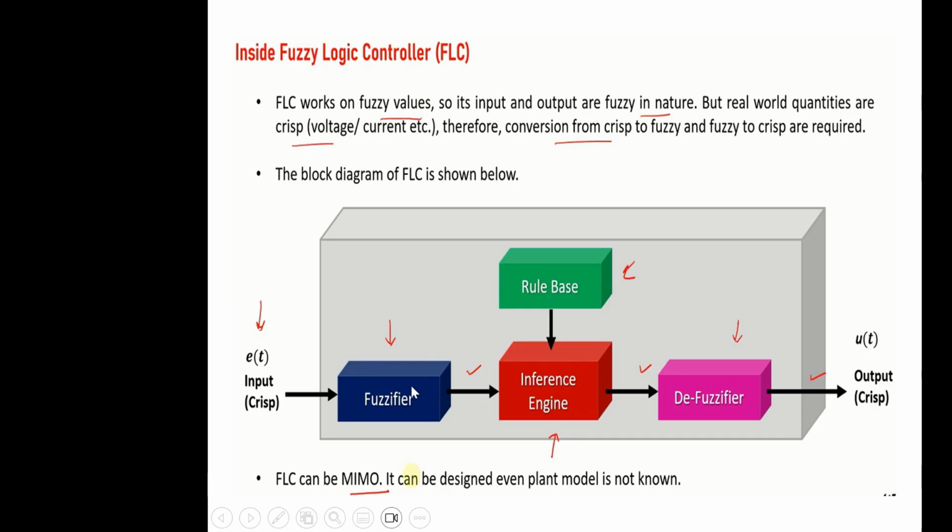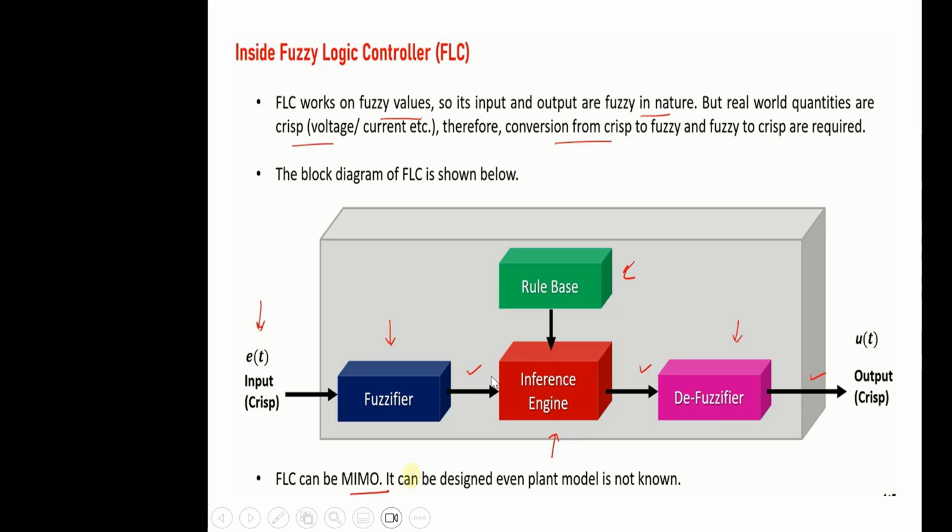Inside the fuzzifier here, we have what we call membership functions. The membership functions that we are going to have here are a function of the number of input variables, which are the physical values that we are receiving here.